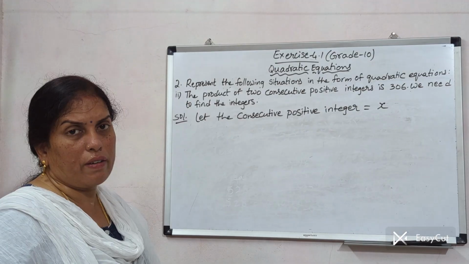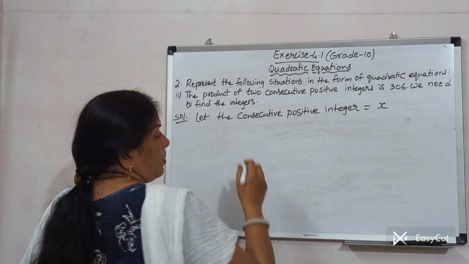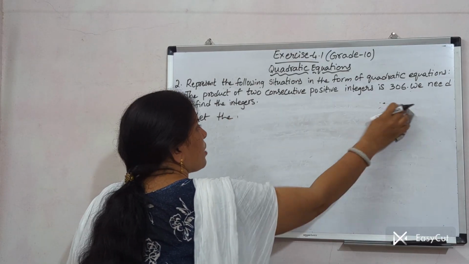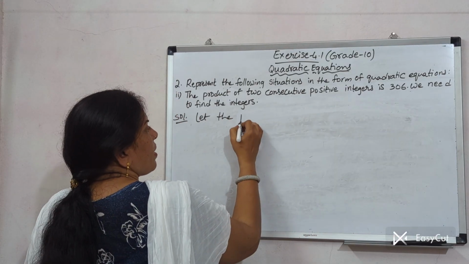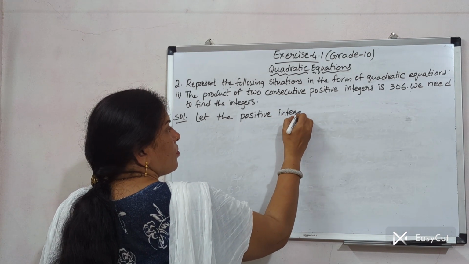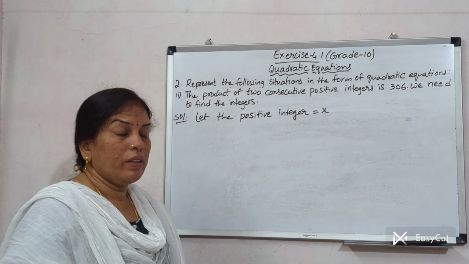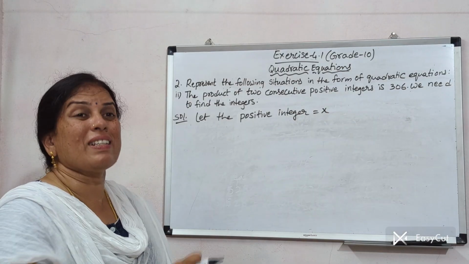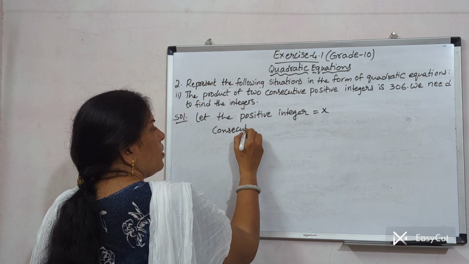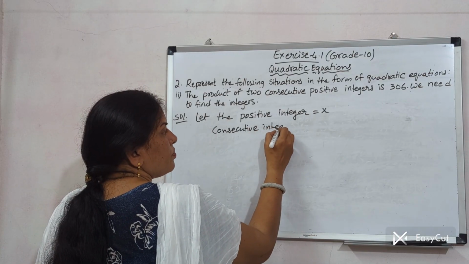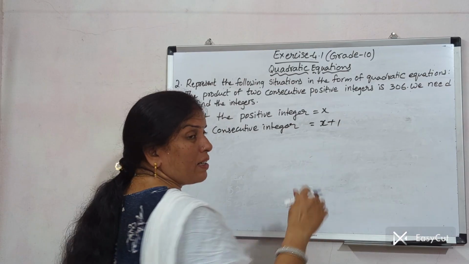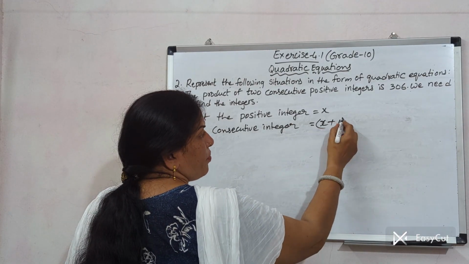They asked for consecutive integers, which means the next number. The consecutive integer is equal to x plus 1. We must add 1 to x, and we will get the next number, the consecutive integer.